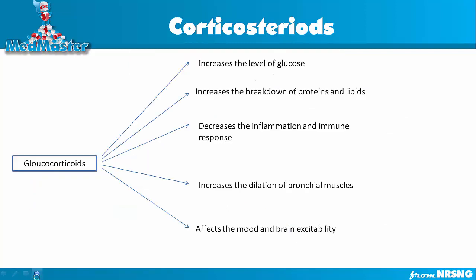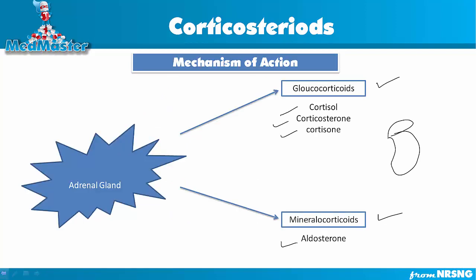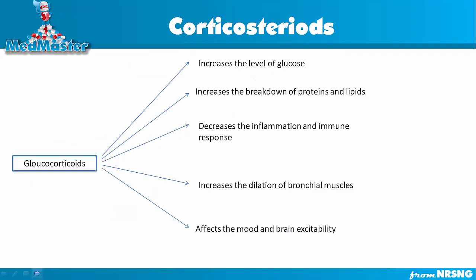Glucocorticoids, which are cortisol, corticosterone, and cortisone, increase the level of glucose in our body and increase the breakdown of protein and lipids. Basically, it's preparing the body to produce more energy. They decrease the inflammation and immune response, so they decrease the white cell count.